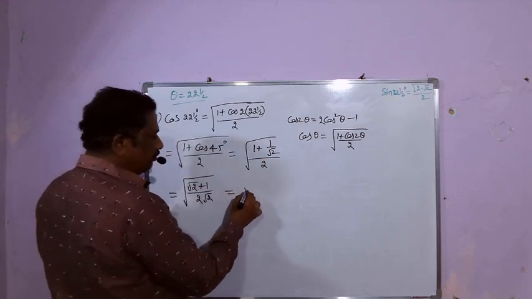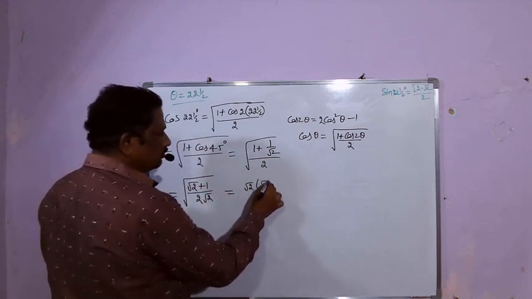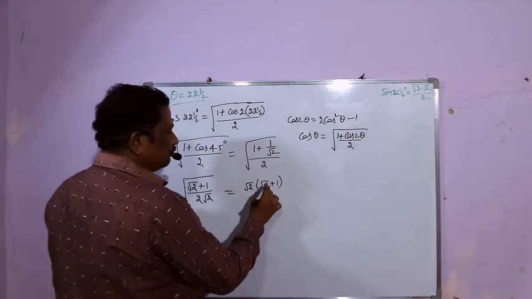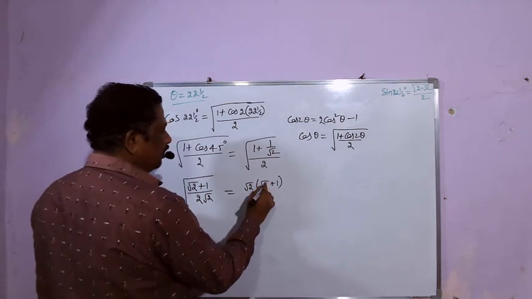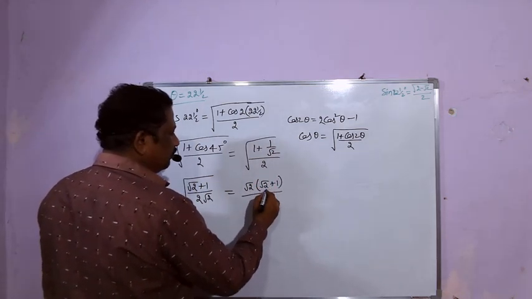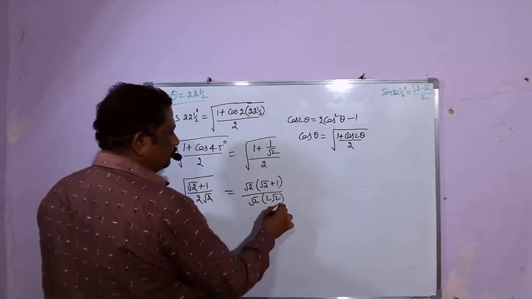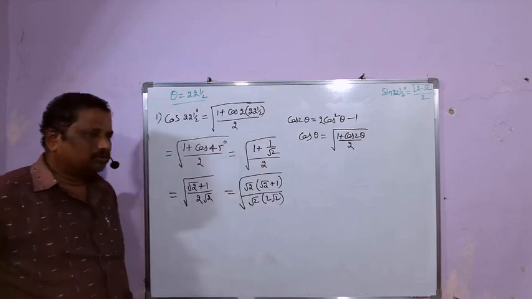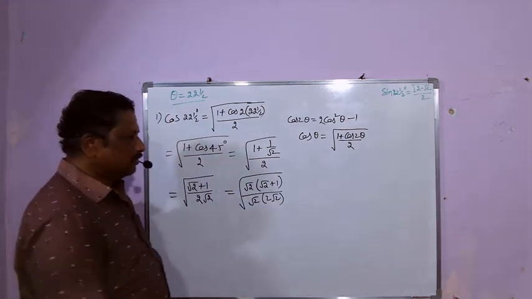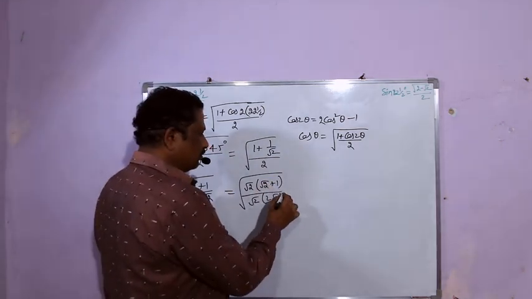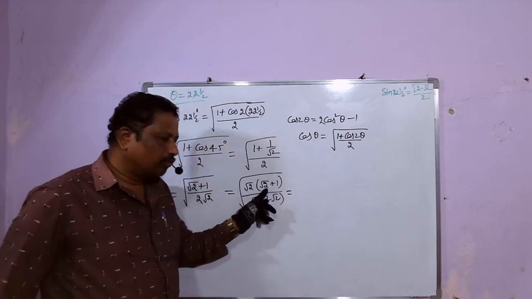Again, numerator and denominator we multiply with root 2: root 2 into 2 root 2, total under root. Okay, clear? So now what do you get here? Root 2 into root 2, 2.